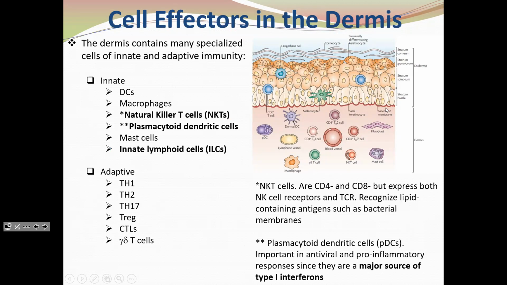Underneath the epidermis, within the underlying tissue, we find all the normal cells that you've learned about in the basics of immunology, namely the innate immune cells in the form of dendritic cells, macrophages, neutrophils, and also the T helper cells and innate lymphoid cells, and then two novel cells, which I might have mentioned, namely natural killer T cells.